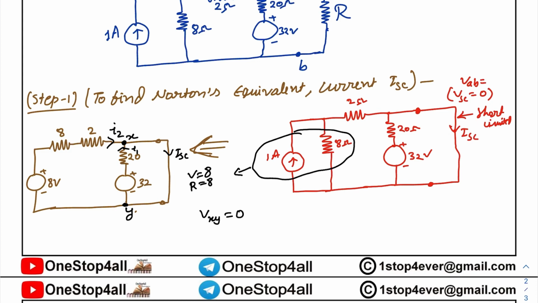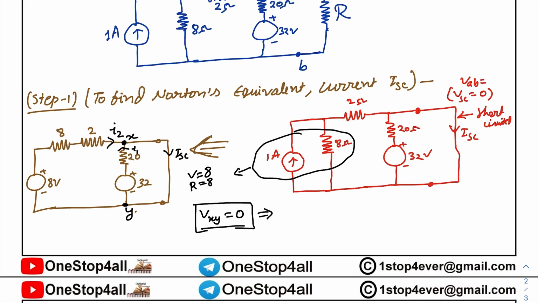Or we can apply the KVL in the outer loop, and then we will apply the KVL in the inner loop. So for simplicity, by looking at the circuit, your V x y will be your 0 obviously.